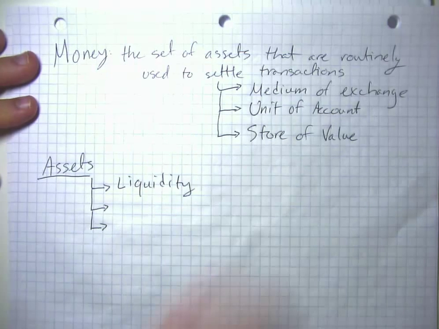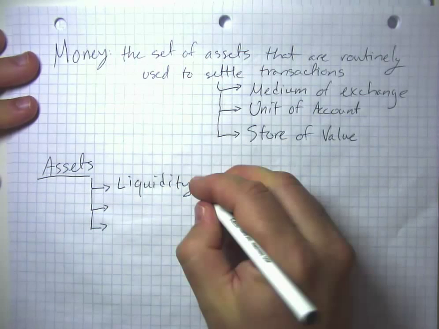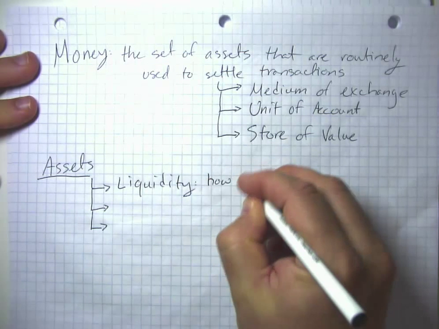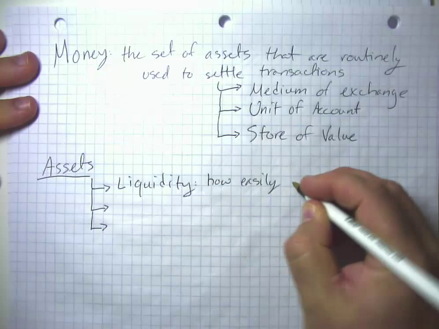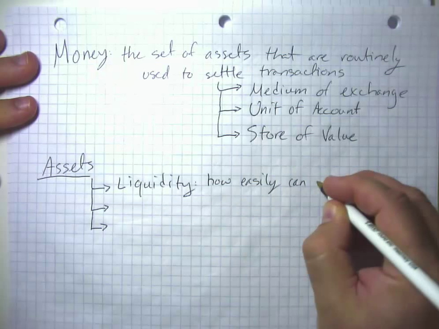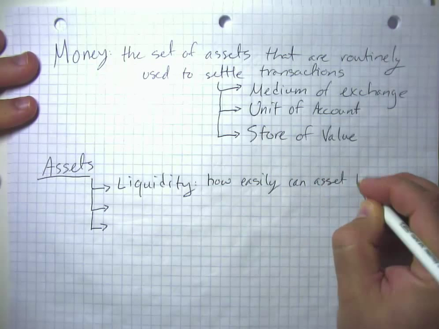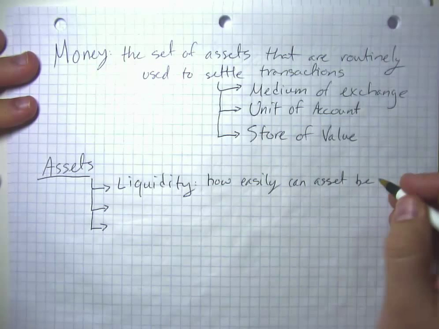Liquidity is the idea of how easily something can be converted to money. And obviously, money is totally liquid because it's already money. It doesn't have to be converted. And by easily here, we mean both time and expense.